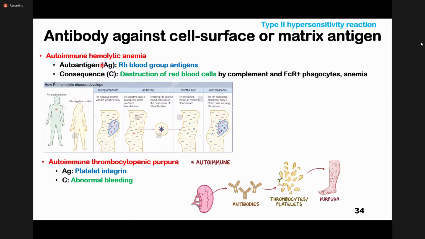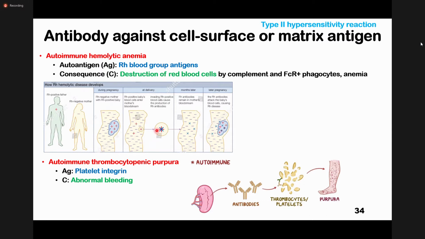First is autoimmune hemolytic anemia, okay? This is the blood group kind of autoantigen, the Rh blood group, okay? The consequence is that red blood cells are destroyed. For example, if the father is Rh positive and the mother is Rh negative during pregnancy, like an Rh negative mother with an Rh positive baby, at delivery Rh positive cells enter the bloodstream of the mother, inducing Rh positive antibodies.